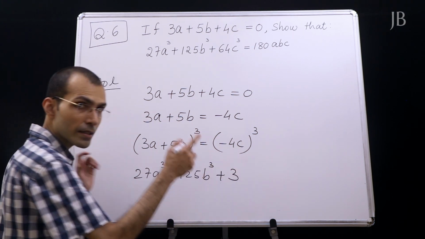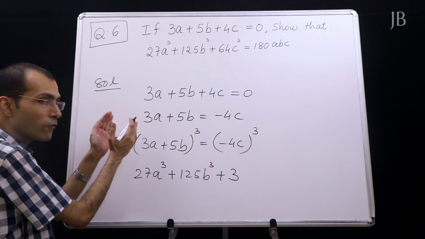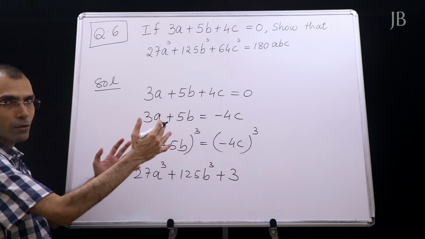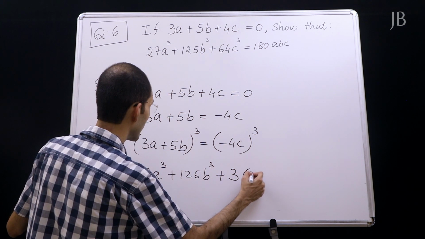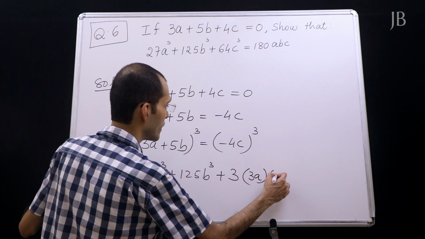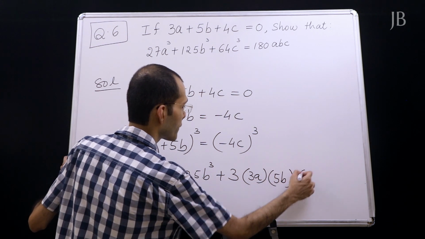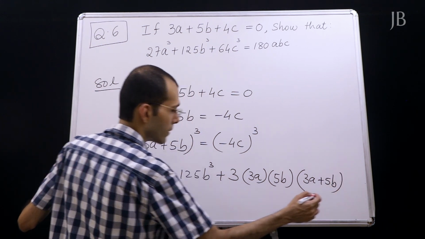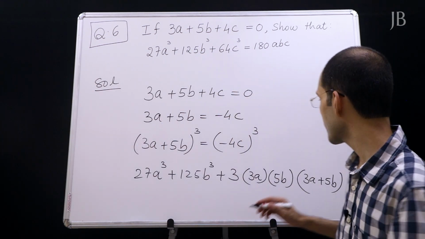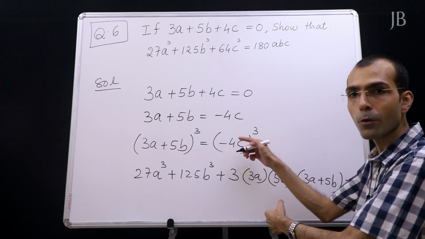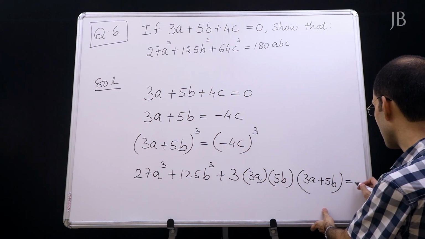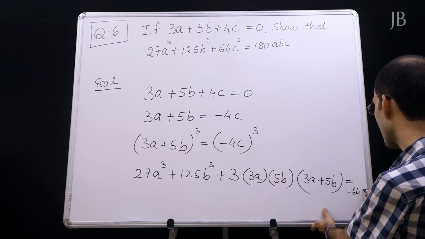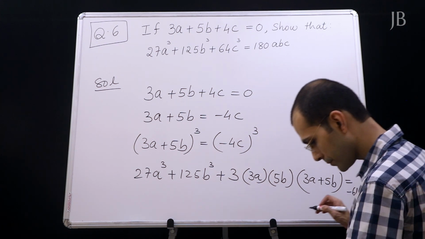Then what will come? Remember, 3ab. So it is 3 into first term into second term. It is not always 3ab. So it is 3 into 3a into 5b into 3a plus 5b. This will equal how much? Minus 4c the whole cube. That is minus 64c cube.